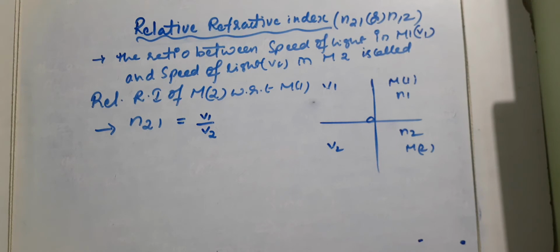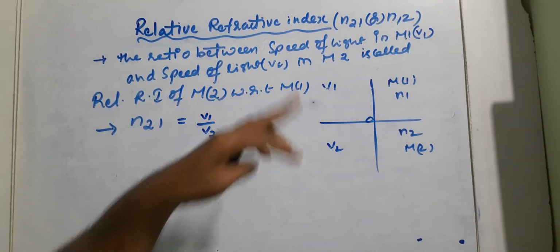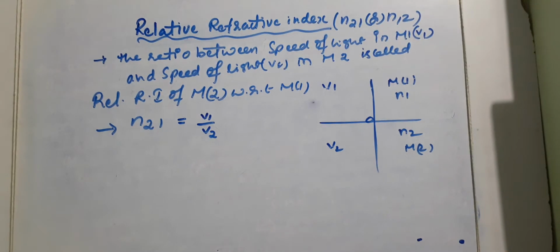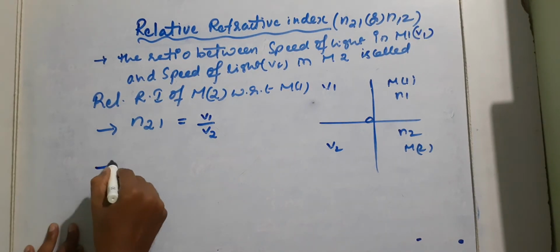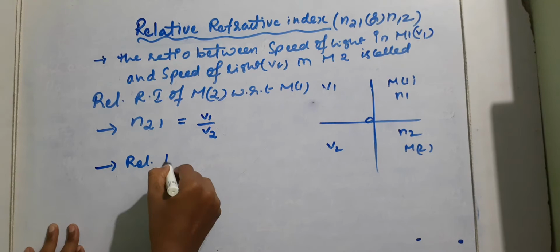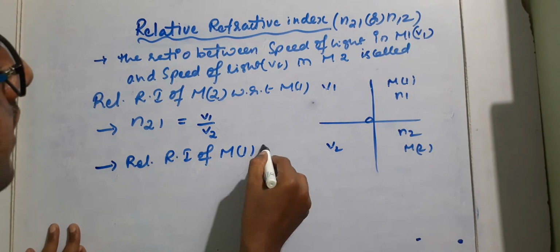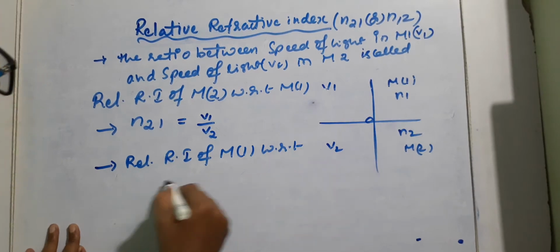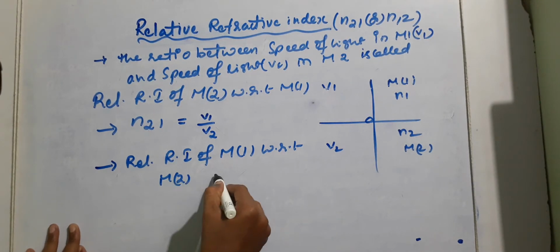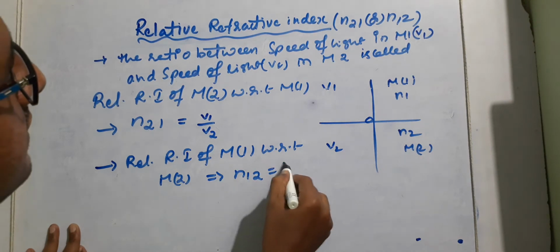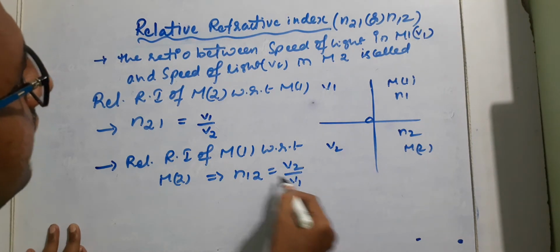Similarly, what is the relative refractive index of medium 1 with respect to medium 2? It can be written as n12, which is equal to v2 by v1.